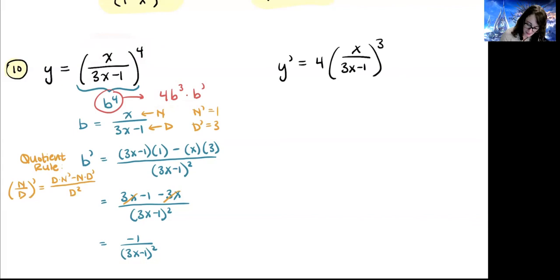Okay, so here is 4b to the third. And then we have to multiply this by b prime, the derivative of the inside. So that's the thing we found using the quotient rule. So that's negative 1 over 3x minus 1 squared. So here is b prime.